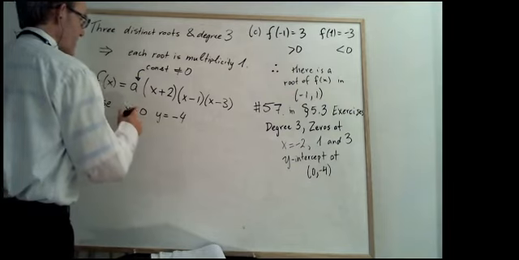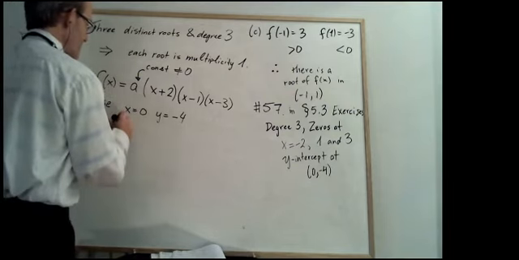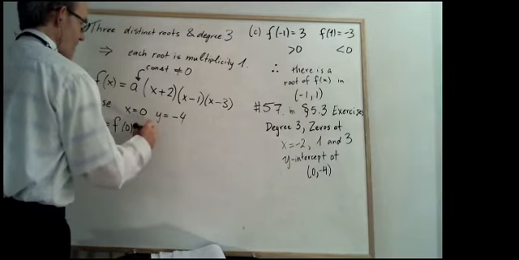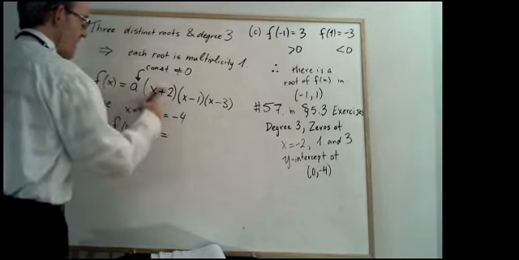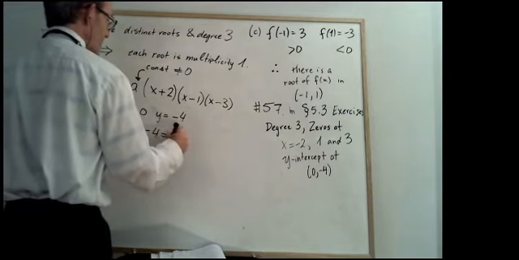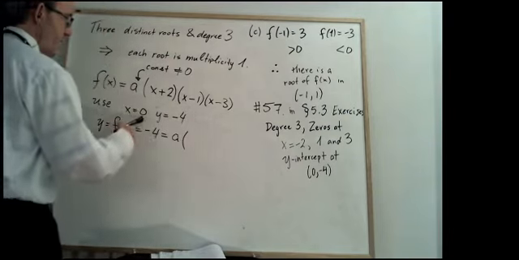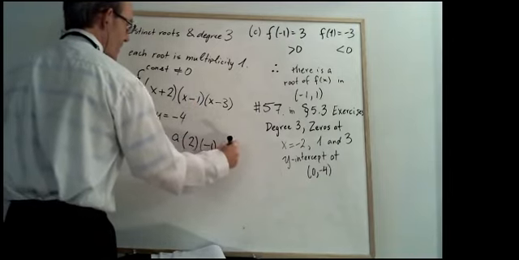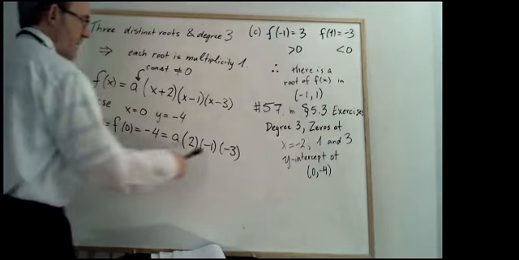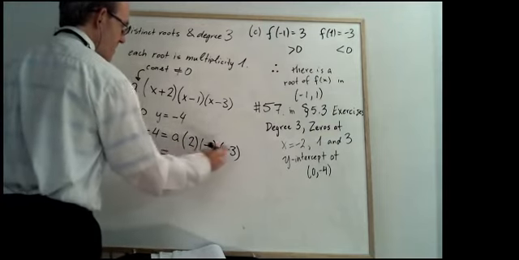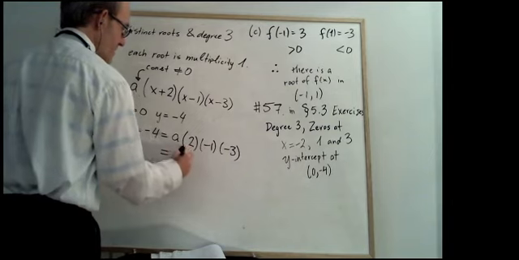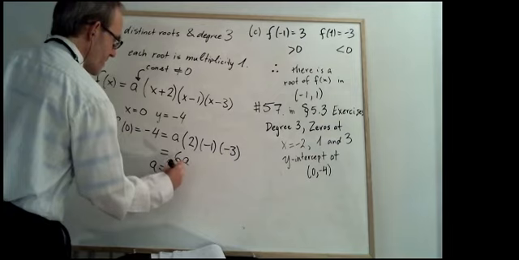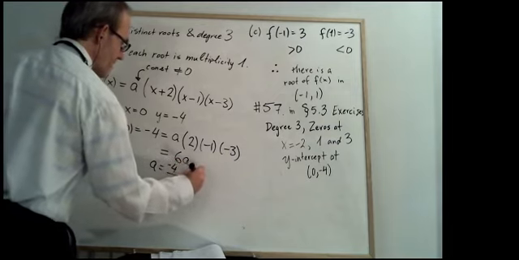So you put in x equals 0 and you get f of 0 is equal to y, so it should be minus 4. On the other side, you get a, and then you plug in zero for each expression. You get 2, minus 1, and minus 3. This product multiplies out to give you 6 times a. So when you solve it, you get a equals minus 4 over 6, which is minus 2 over 3.